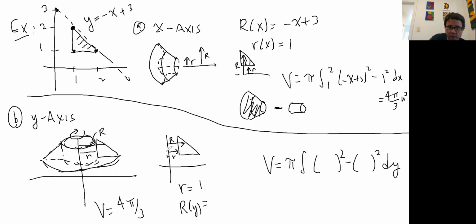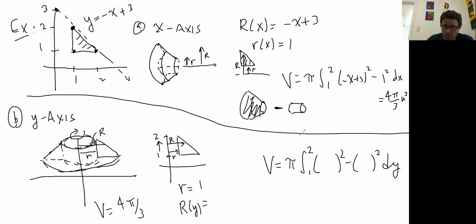Maybe even just real quick, we can see that the bounds on this particular one are still 1 to 2. It's like 1 to 2 for x and also 1 to 2 for y. That's just a special case for this one we're doing. So the y bounds are still the same as the x bounds, but that's just because of the symmetric nature of the object.